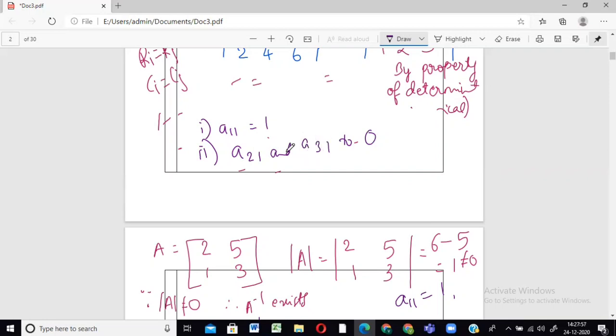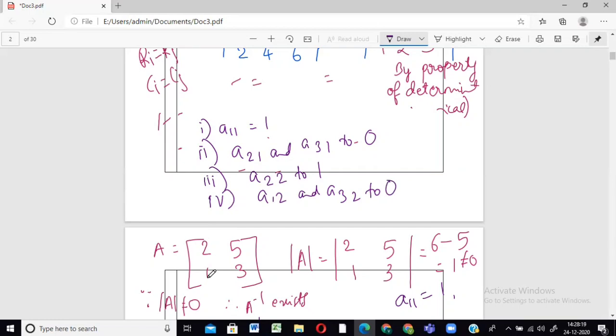Second row and first position, what is that element? This is A11. This is second row, first column, right? So this is A21. Then the third step is you will make A22 equal to 1, and the fourth step is you will make A12 and A32 to 0. So how are we doing it?